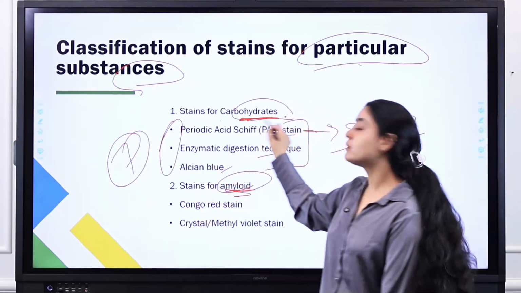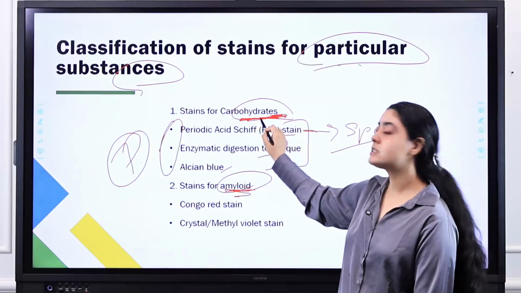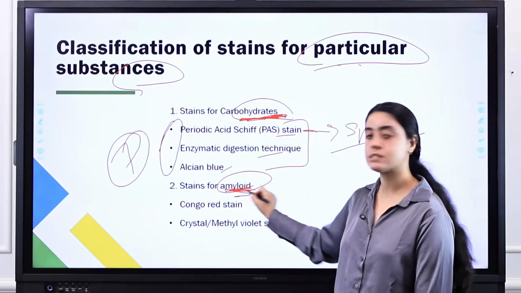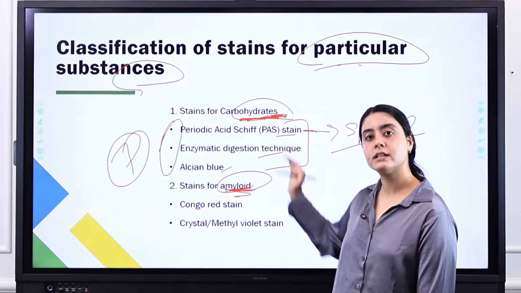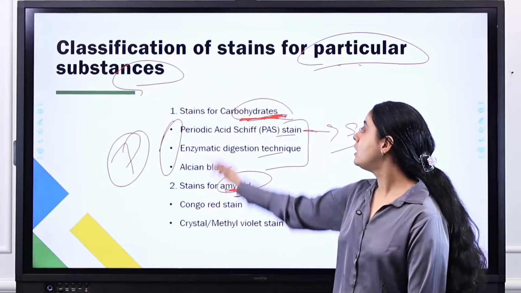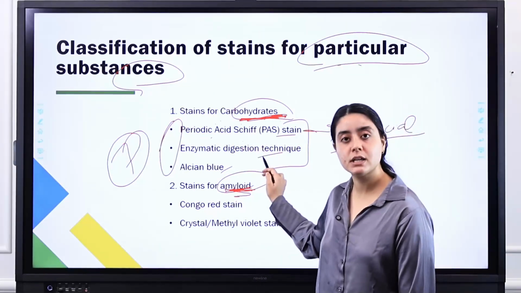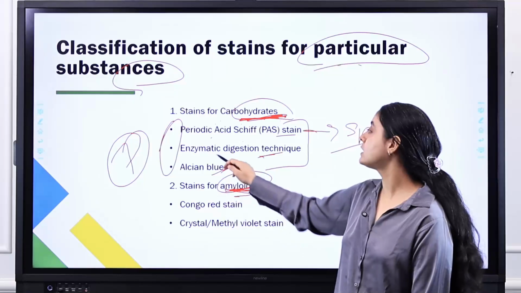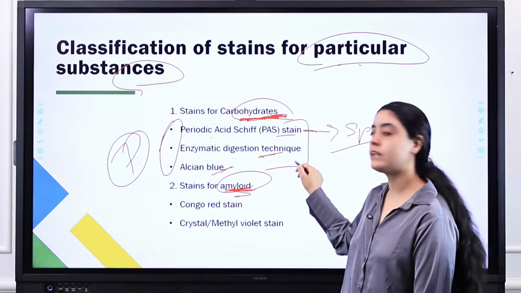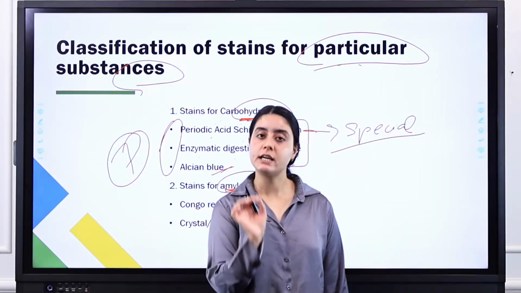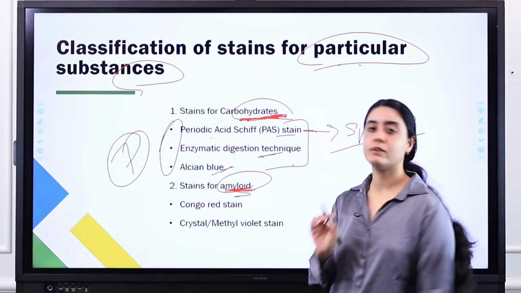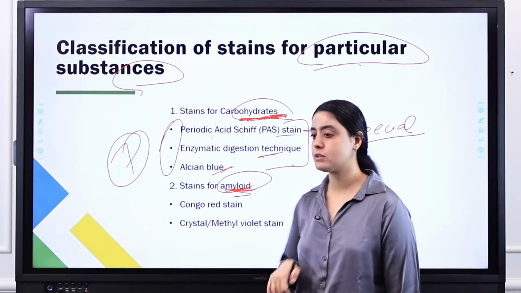This is a particular substance, carbohydrate, this is a particular substance, so like this we have different stains. For carbohydrates we have periodic acid Schiff stain, PAS stain, Alcian blue stain, and the enzymatic digestion technique. We are going to discuss each and every stain. Okay, first let's see what the classification is.